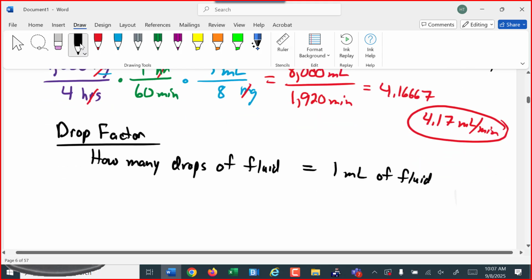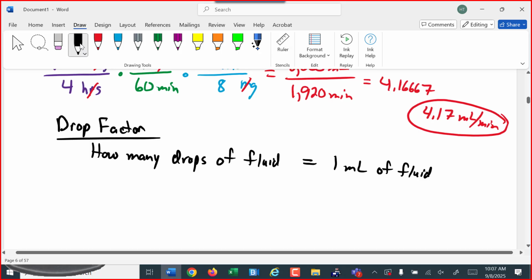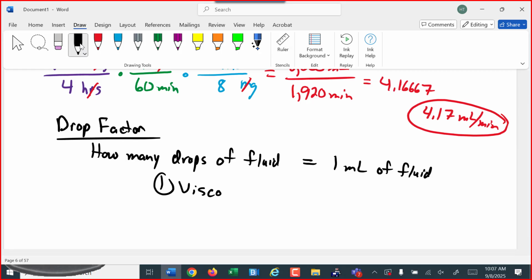And this typically depends on a couple of things. The first thing it depends on is the viscosity of the fluid. A lot of people think of viscosity as simply the thickness of the fluid, and that has something to do with it. Thicker fluids do tend to be more viscous than thinner fluids, but it's also the surface cohesion or the surface tension on it. So the more viscous a fluid is, the larger the drops are, so it tends to be fewer drops to make a milliliter.